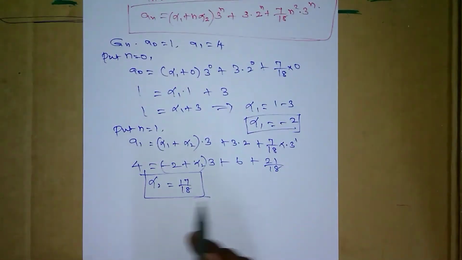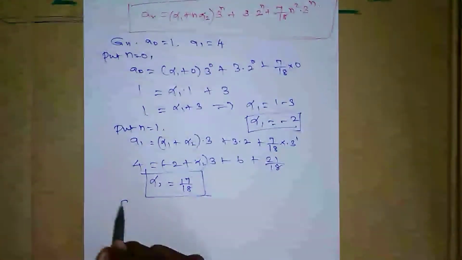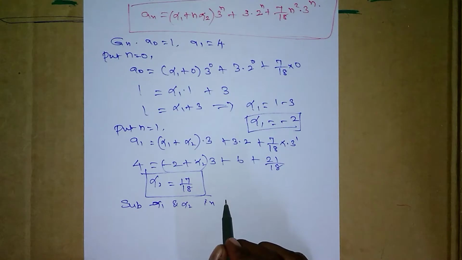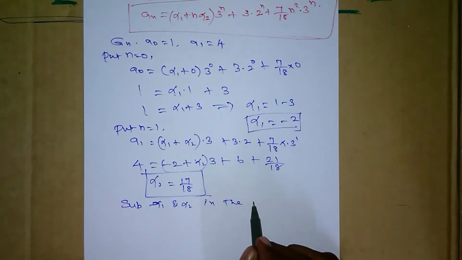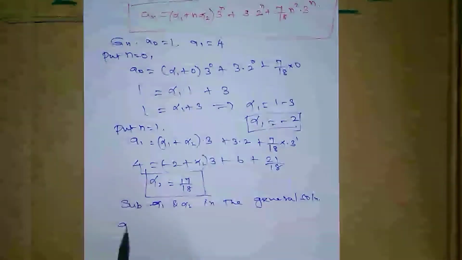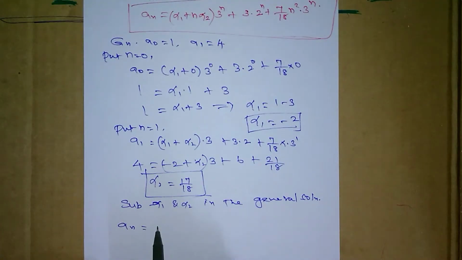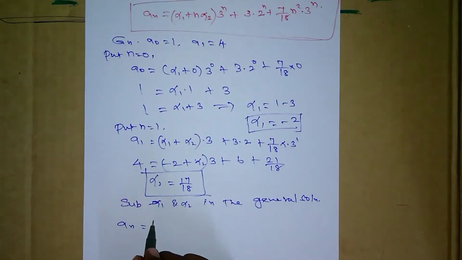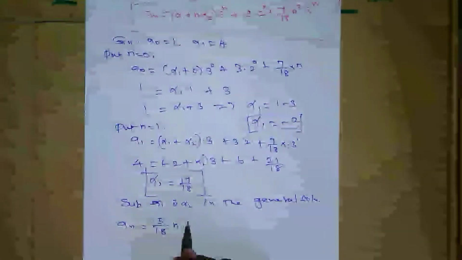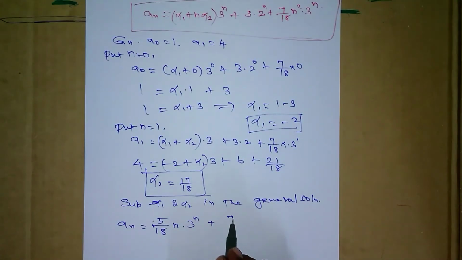Now, substituting alpha 1 and alpha 2 in the general solution, we get a n equal to 5 by 18 n into 3 power n plus 7 by 18 n square into 3 power n.